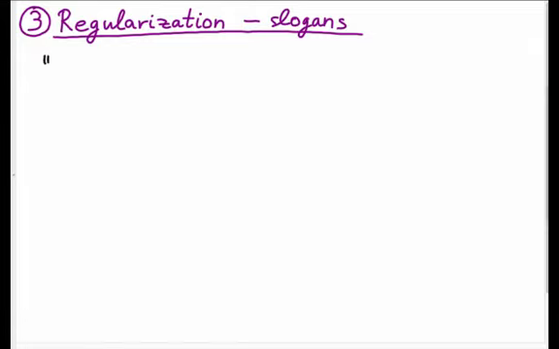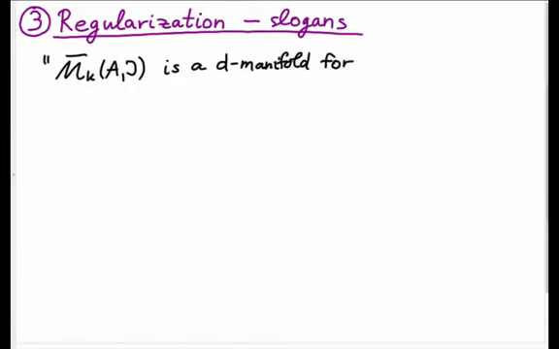One slogan would be that the compactified moduli space of holomorphic curves is always a D-manifold for generic J.